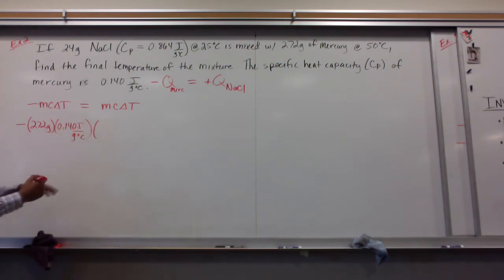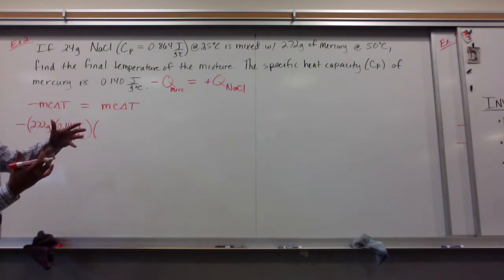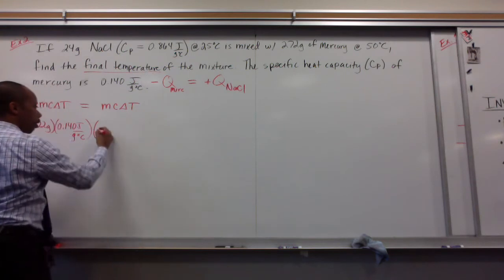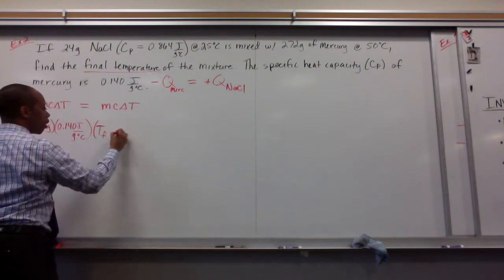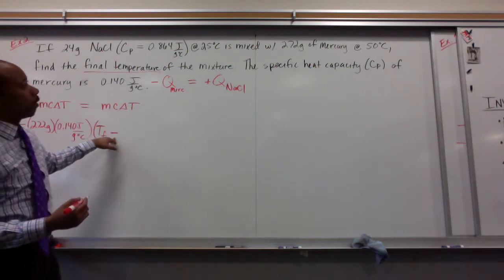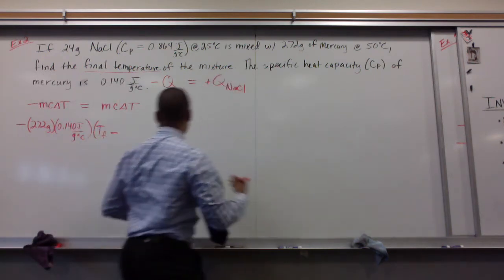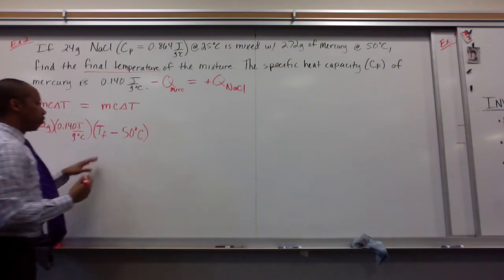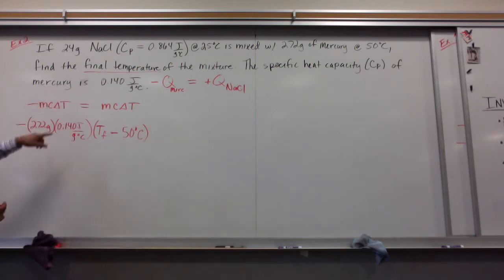Will mercury finish at TF? We don't know. We're asked to find the final temperature. That's subtracting the initial temperature of mercury, which is 50 degrees Celsius. And that's our MC delta T for mercury.